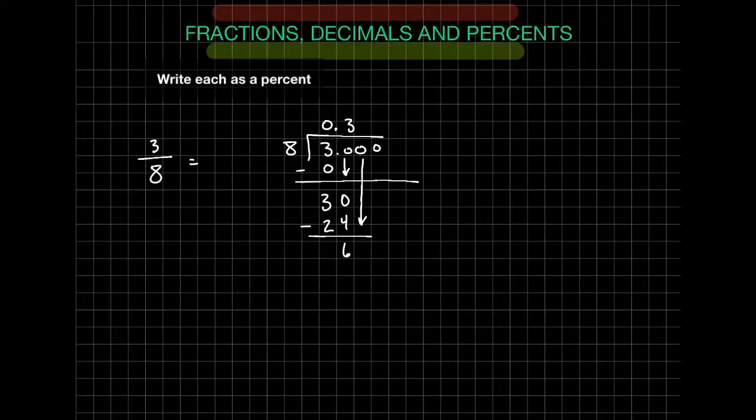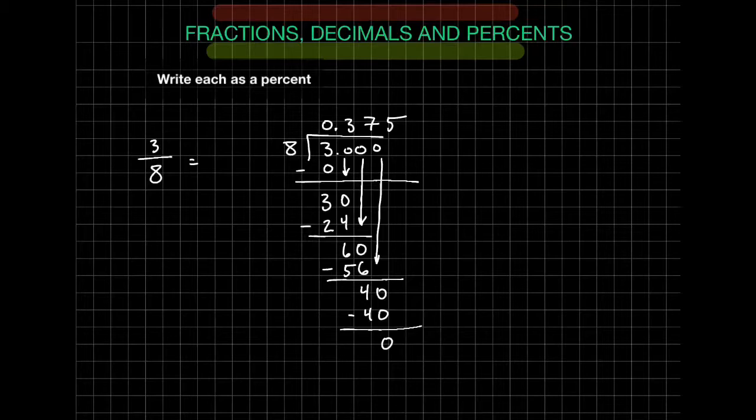Okay, we're going to bring that 0 down. Okay, how many times does 8 go into 60? Well, let's see. The closest you could get to 60, I believe, is 56. So that's going to be 7 times. 7 times 8 equals 56. Okay, 60 minus 56 gives us 4. Bring that 0 down. 8 goes into 40 5 times. 5 times 8 gives us 40. So now we got a 0, so now we know we're done.